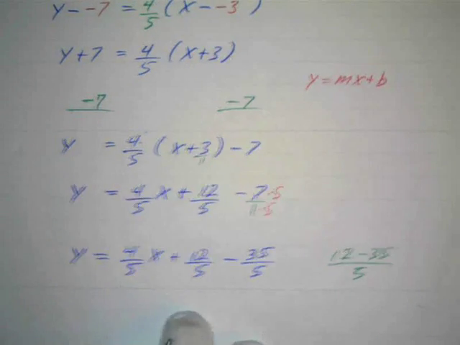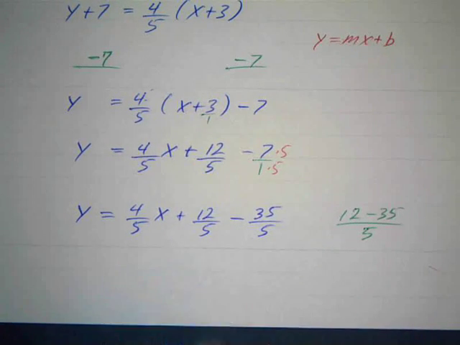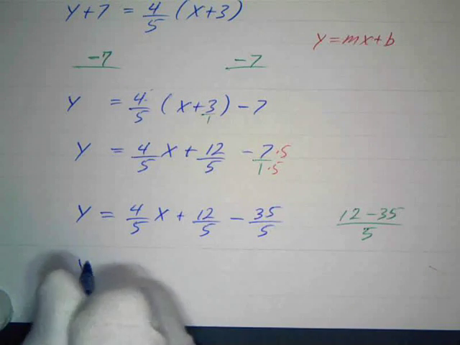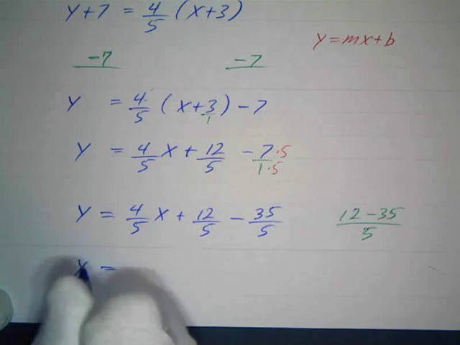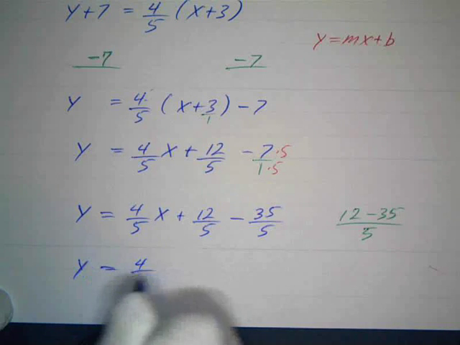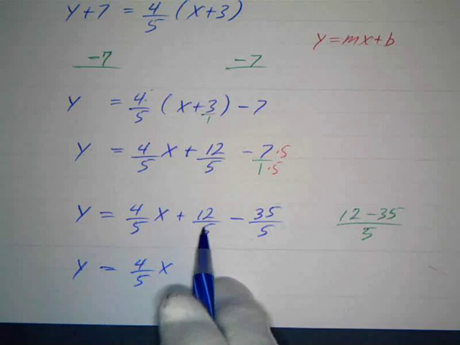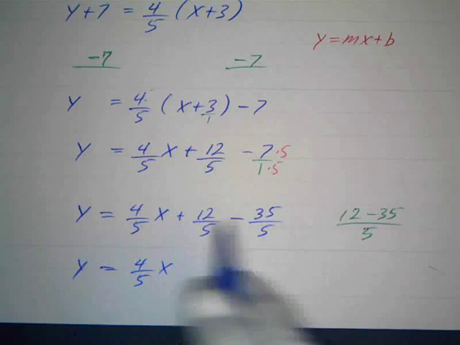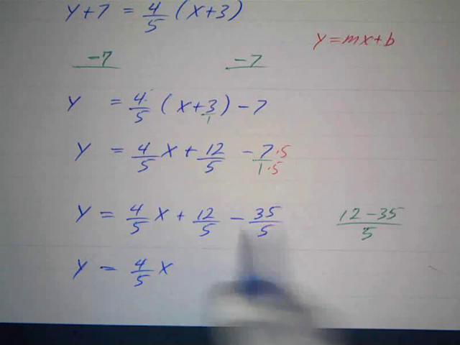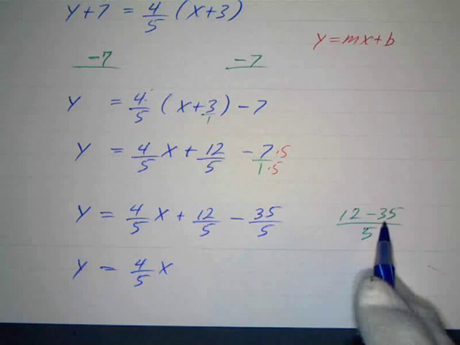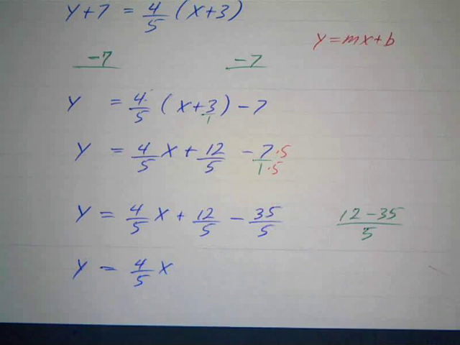So finally I have my last step. y equals 4 over 5x. And then 12 minus 35, when I'm combining, I always take the sign of the larger, which is negative.